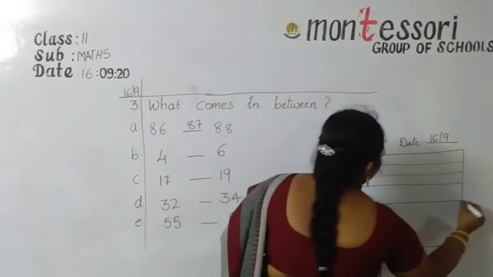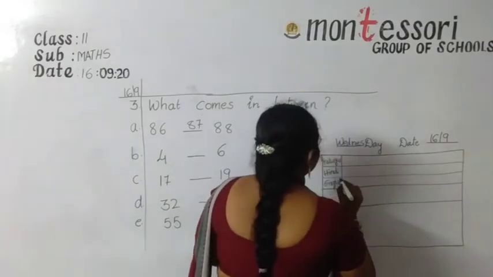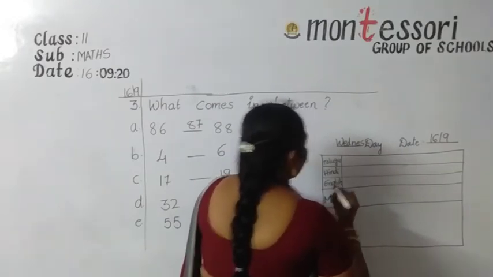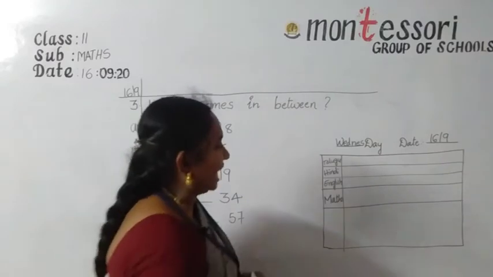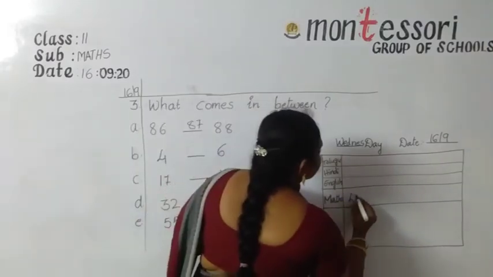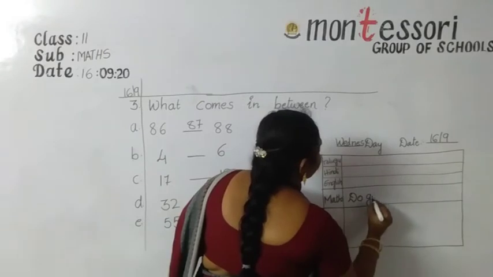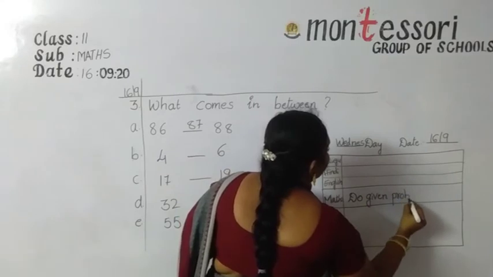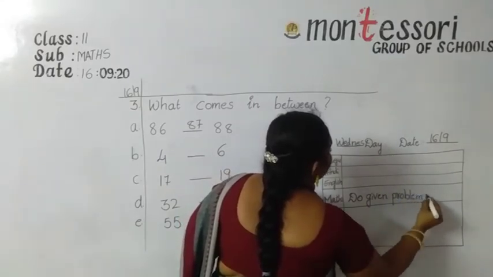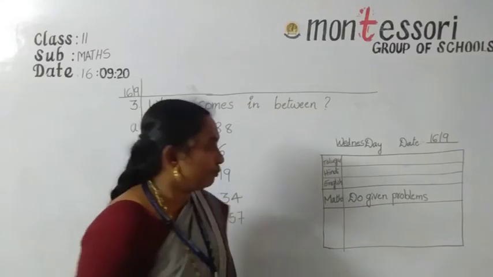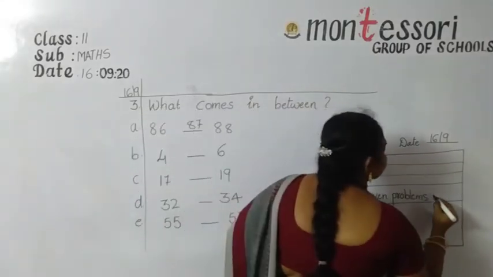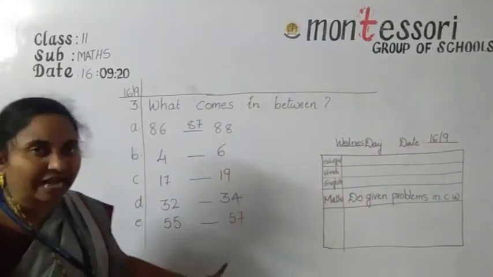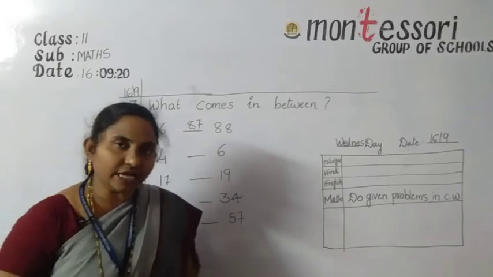Now I am writing maths here. In the maths column, you can write today's diary work: do the given problems in classwork. Understood? The given problems in classwork you can write and send to your concerned WhatsApp group.